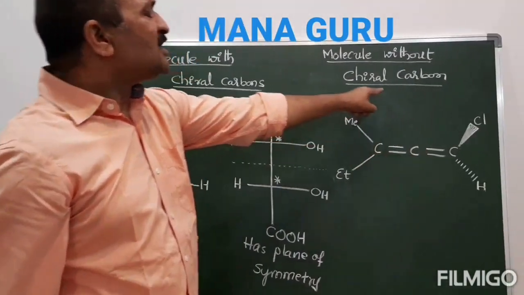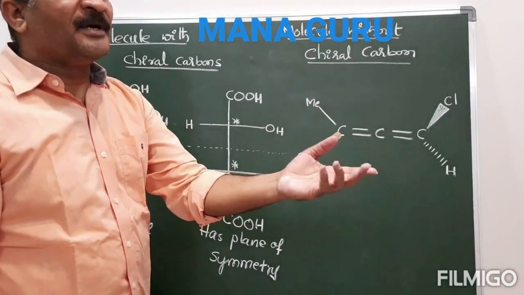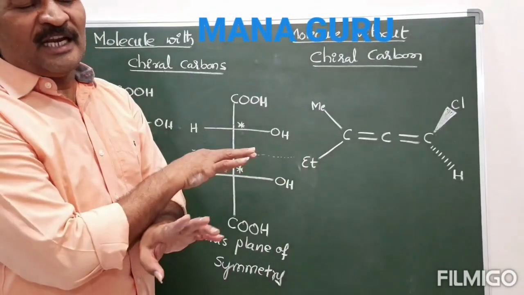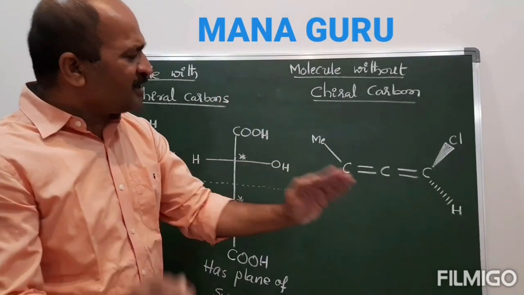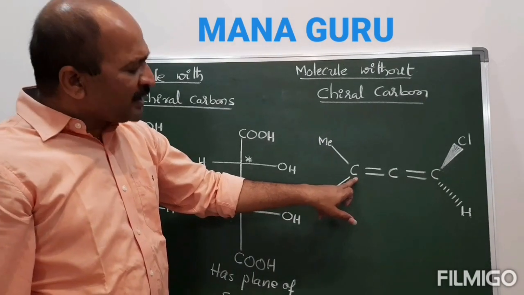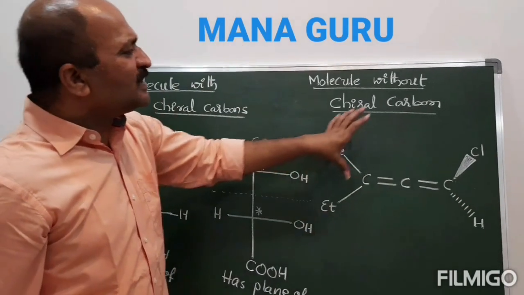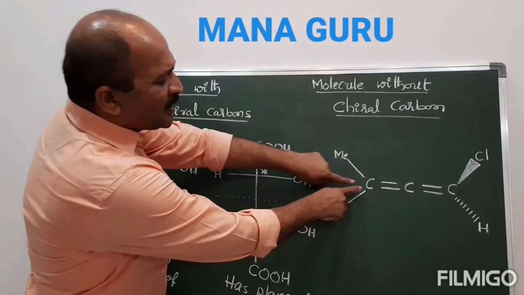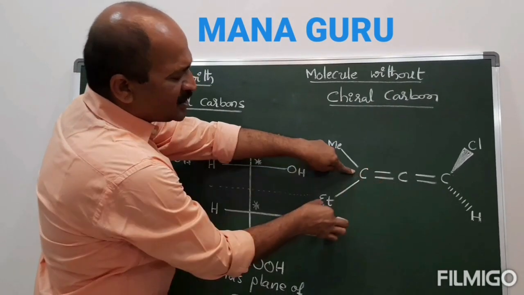Come to this molecule, having no chiral carbon. What is a chiral carbon? A carbon having four different groups, but this carbon has a double bond. That's why in any way this carbon has no chirality; every carbon is a non-chiral carbon. But altogether, the molecule itself is chiral. Take a look. This is the carbon present on the board plane, with methyl and ethyl.